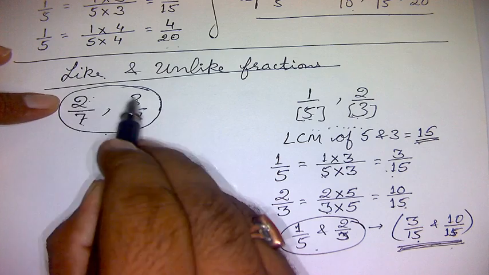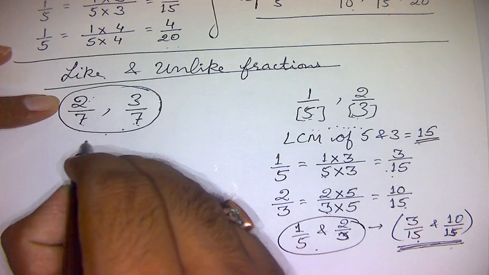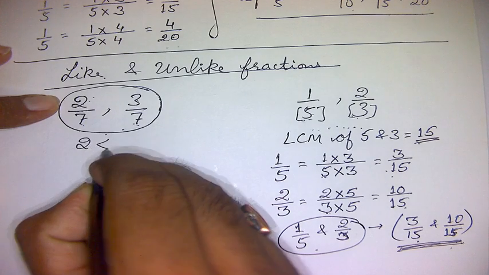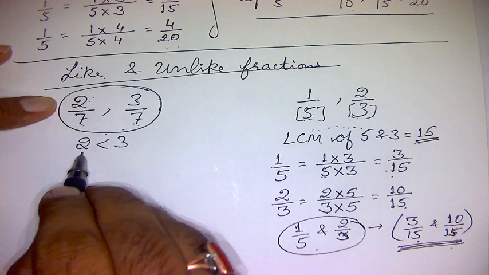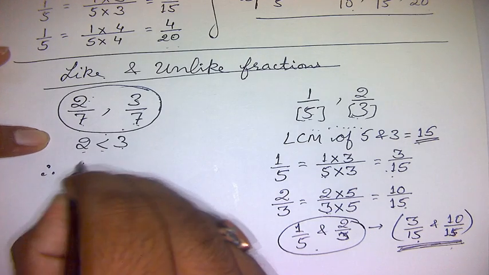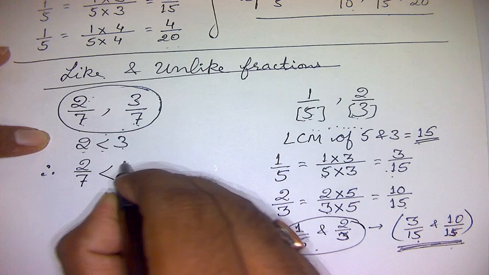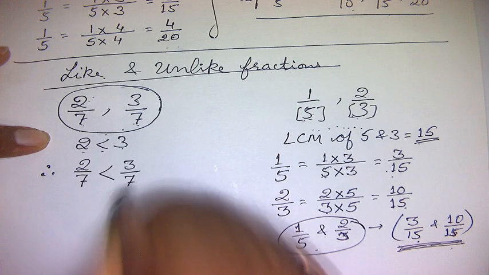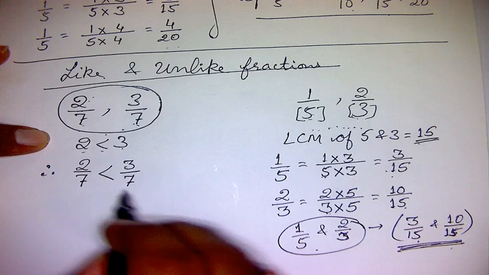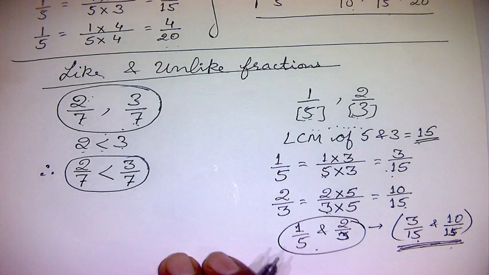So out of the two numerators, 2 and 3, which is greater? 3 is greater, 2 is less than 3. Therefore, the fraction 2 upon 7 is smaller than the fraction 3 upon 7. So in this way we can easily compare them. We can easily tell which is greater and which is smaller.